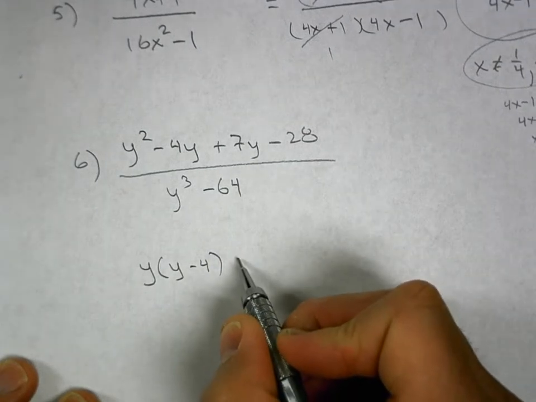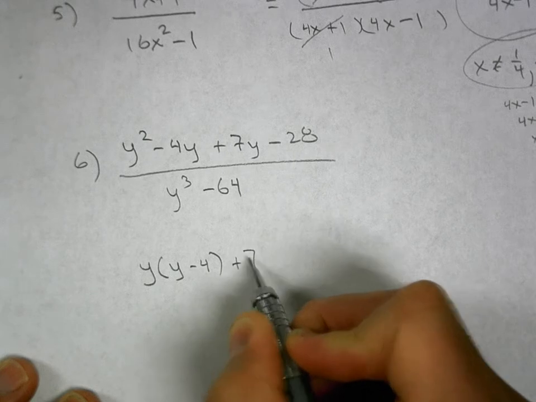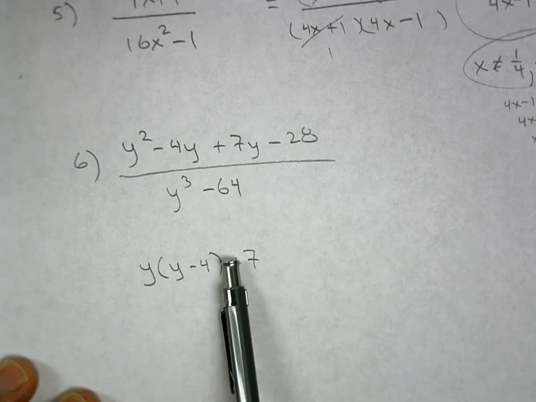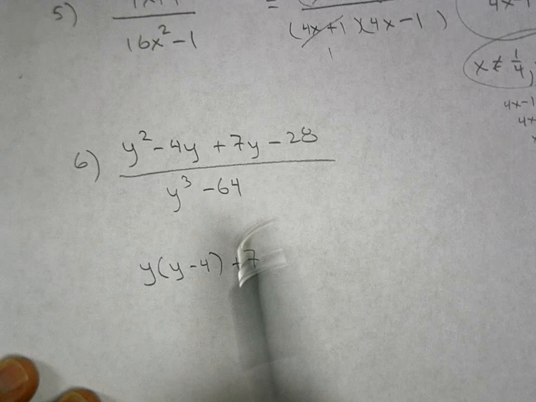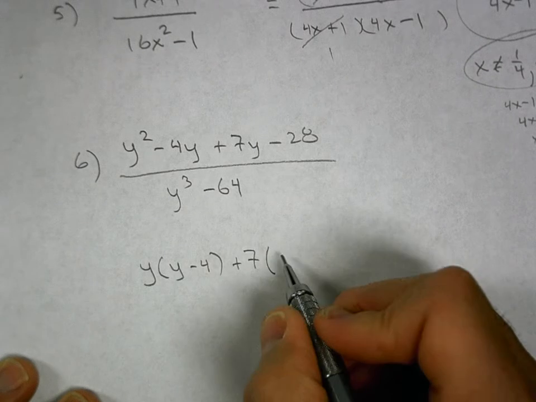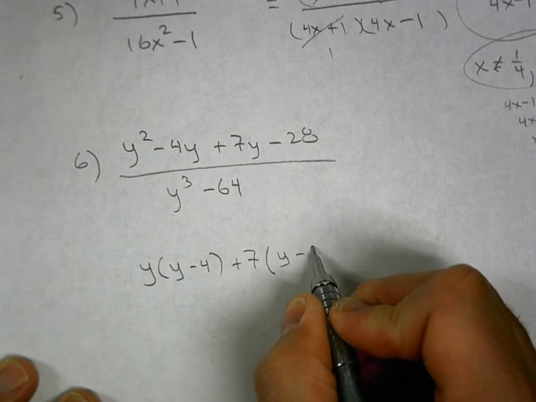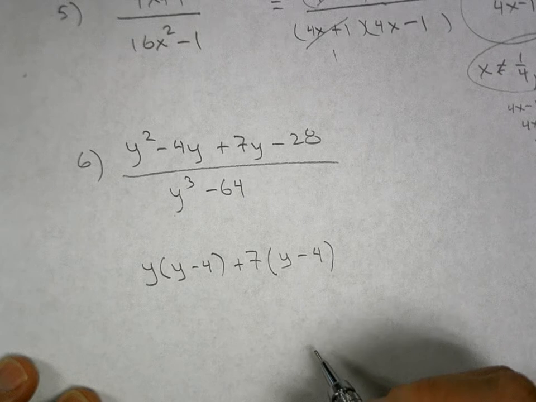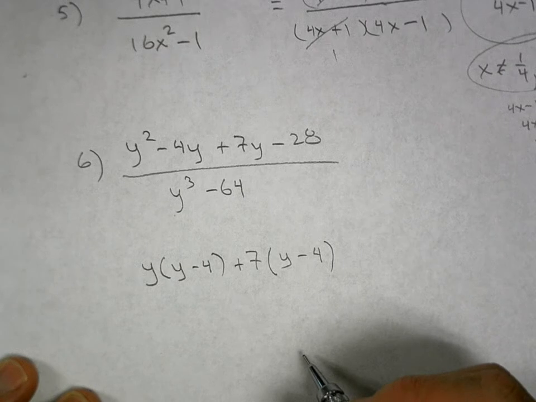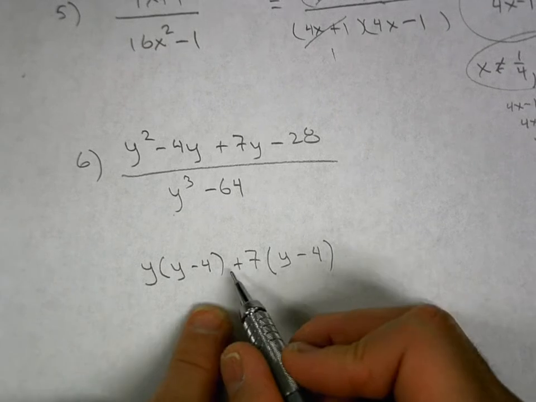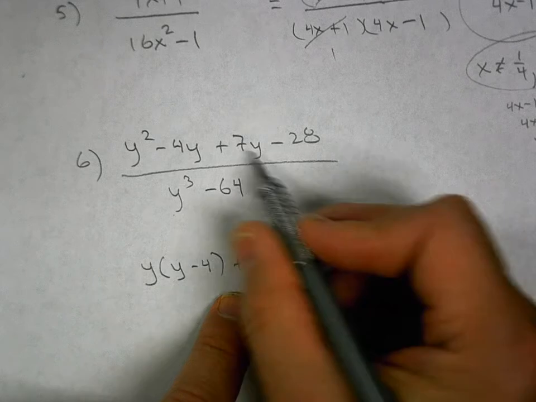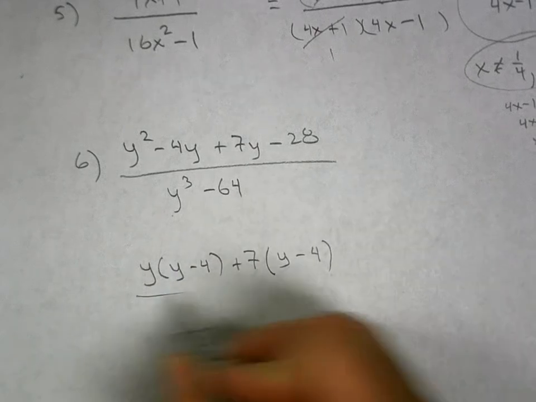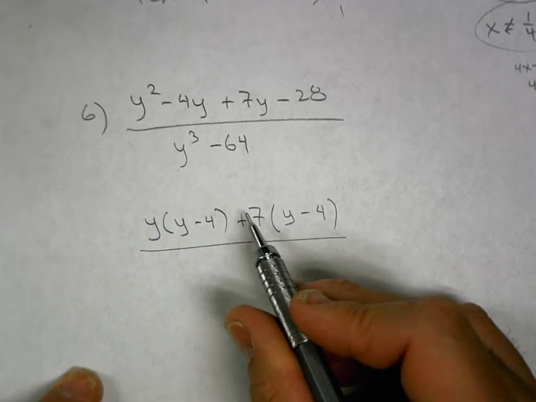Plus 7. If you take out a positive 7, you got to have a positive 7. If you didn't have the plus there, it looks like multiplication, which it is not. So plus 7 times y minus 4, right? Again, if you distribute, you get plus 7y minus 28. Okay, over, I know we can factor the top further, but let's go ahead and factor the bottom.